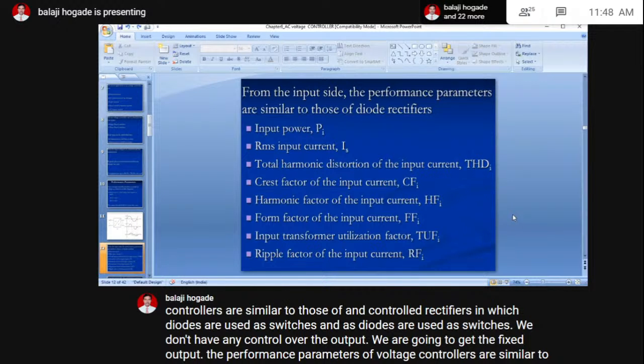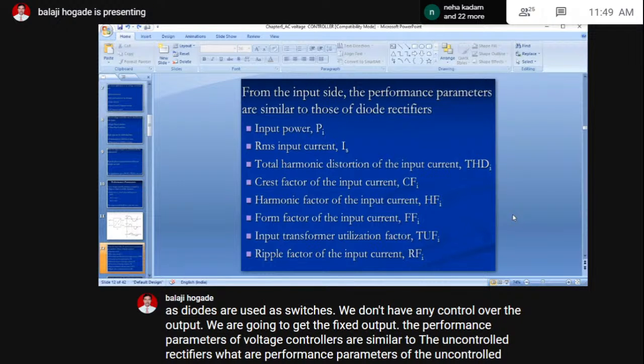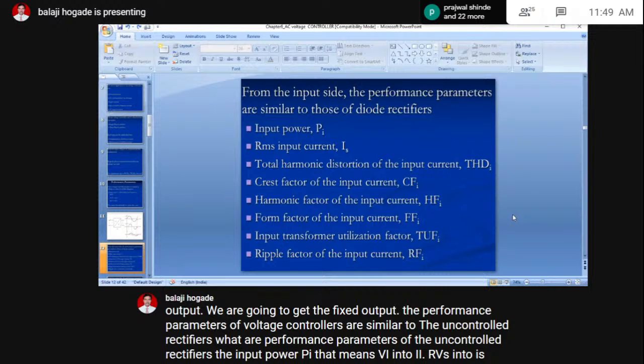Now what are performance parameters of the uncontrolled rectifiers? The input power PI, that means VI into II or VS into IS. Multiplication of input voltage and input current, you will get the input power, that is PI.